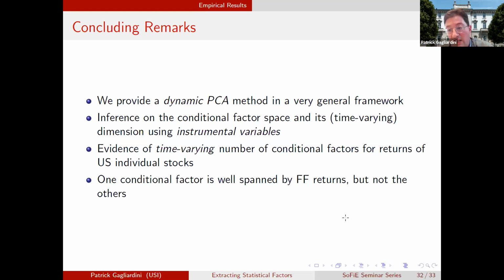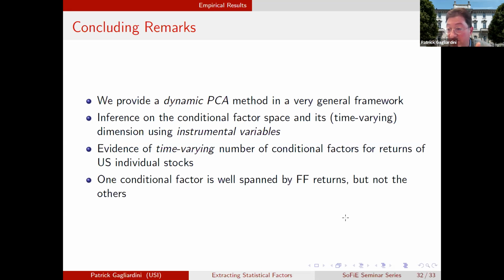In terms of inference, we take advantage of double machine learning in order to make inference and construct confidence intervals for low dimensional features of this object, like the expectation of conditional canonical correlations, or more general parameters.